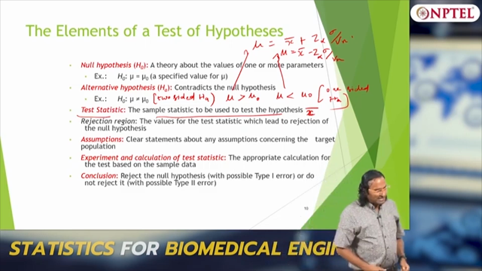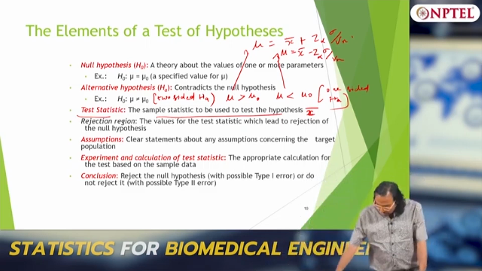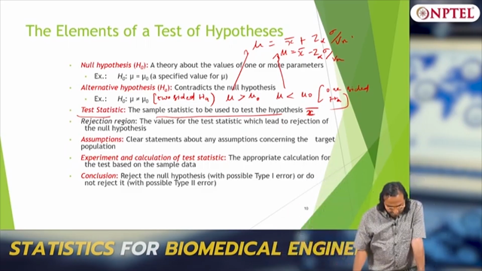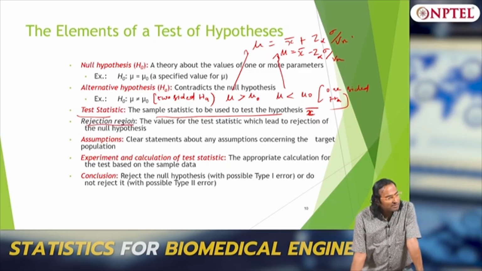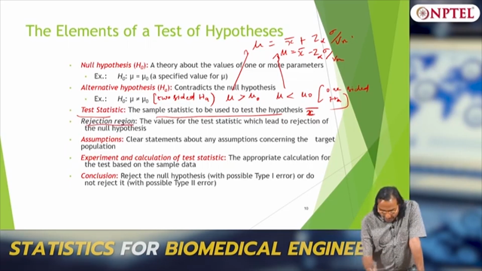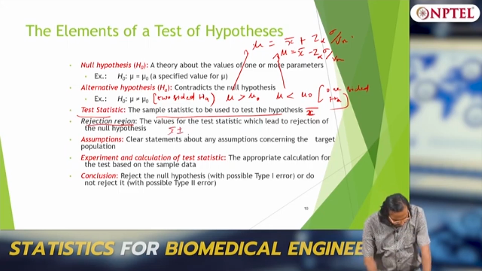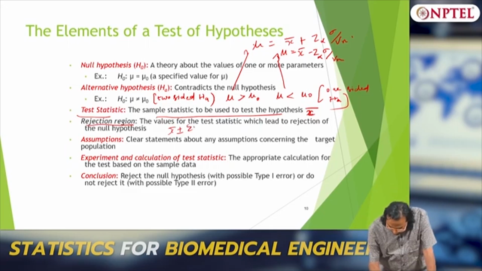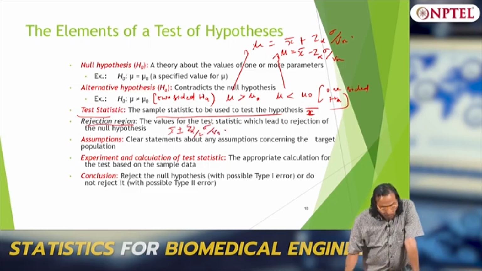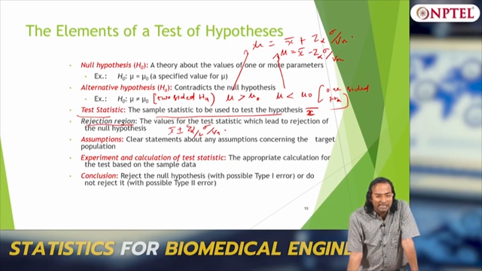And what is your rejection region? How do you determine the rejection region? For a two sided, anything greater than mu plus or minus x bar, plus or minus. So coming back, what is my rejection region?